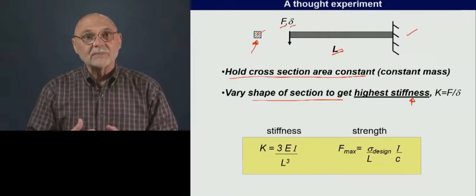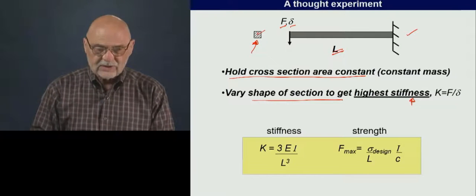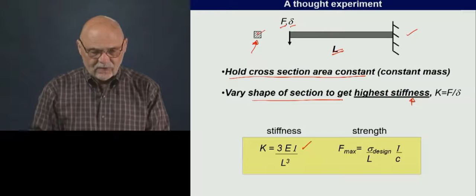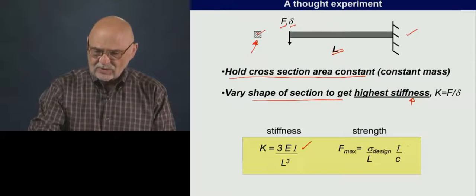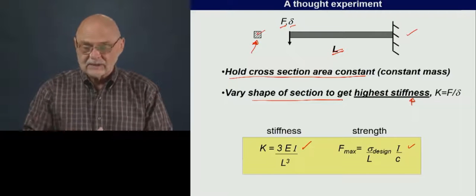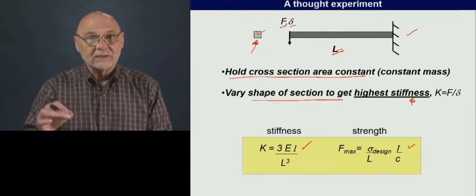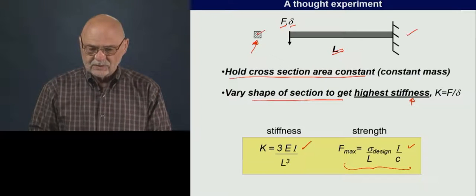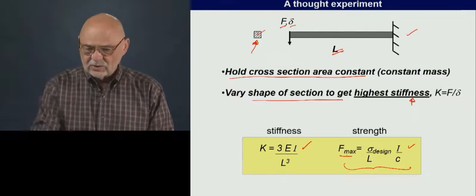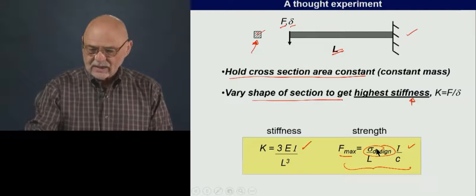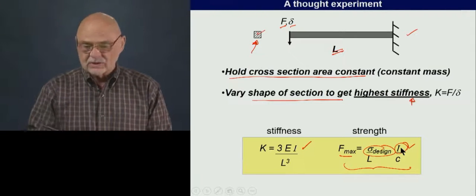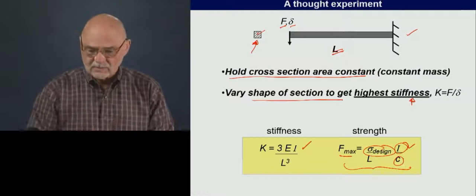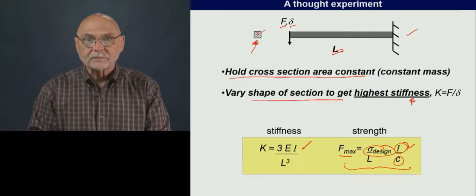We've already developed the relationships in order to do this. The stiffness of this beam is 3EI over L cubed, and the strength given by the stress equal to MC over I formula ends up giving us this relationship. So the force is related to the design stress times the moment of inertia, and C is the distance from the neutral axis to the outer fiber, just as we talked about a couple of sessions ago.